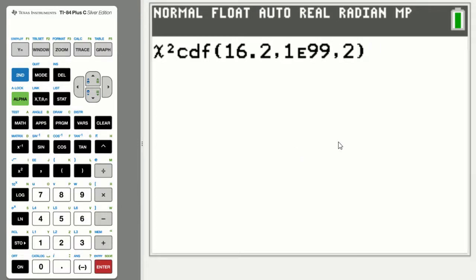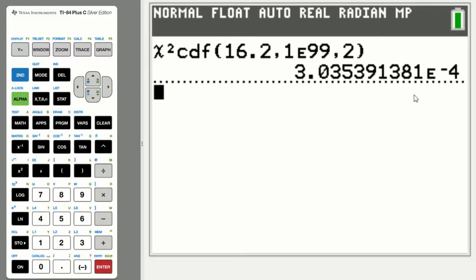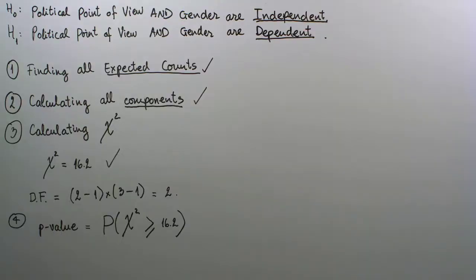So let's see what it gives us as a final p-value here. Our p-value displayed on the calculator screen is 3.03539 with an E minus 4. Now on my writing board, that value means it's the same as 3.03539 and a lot longer, times 10 to the negative 4.